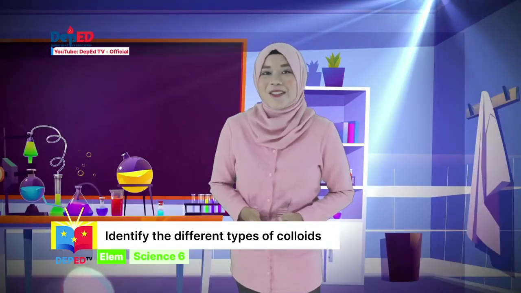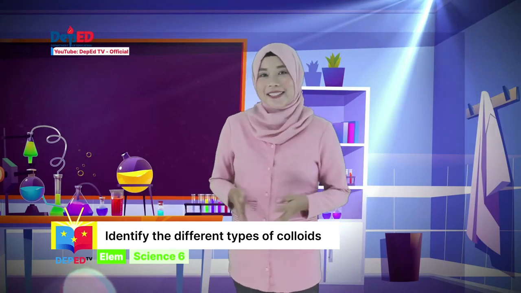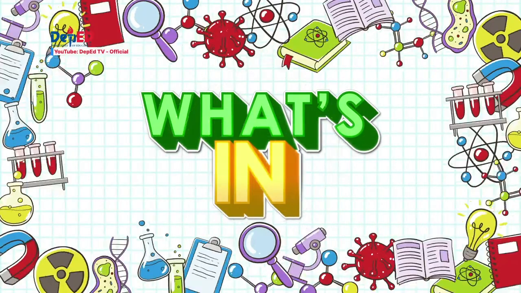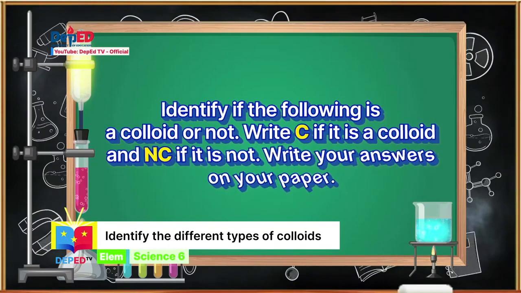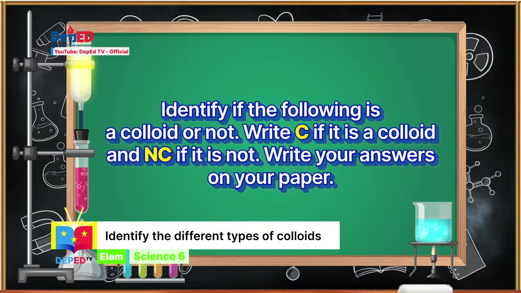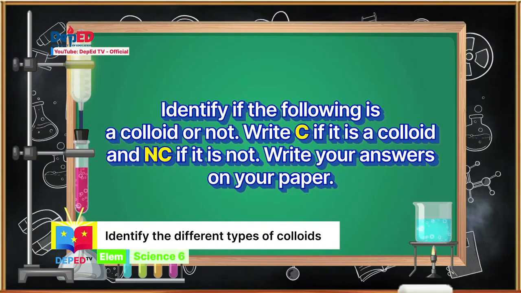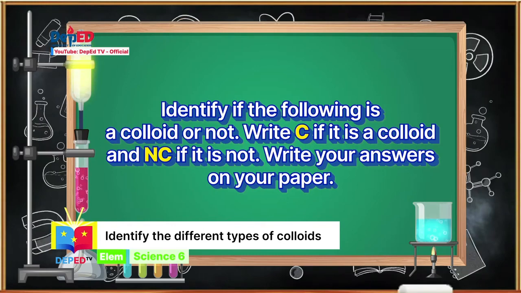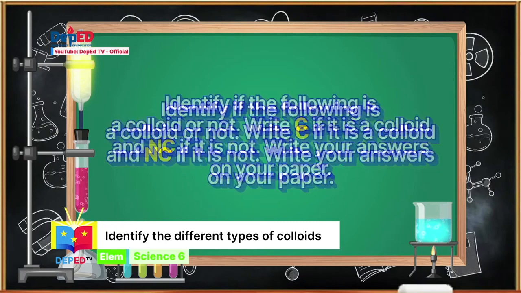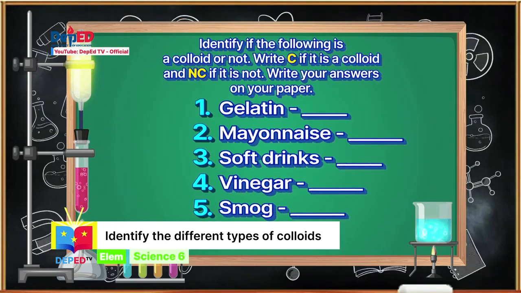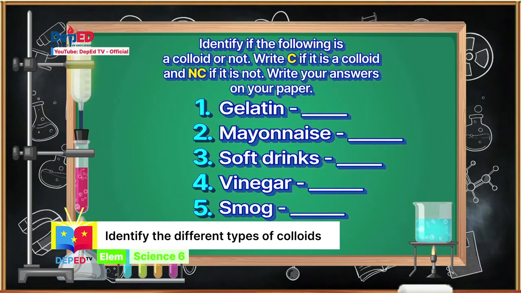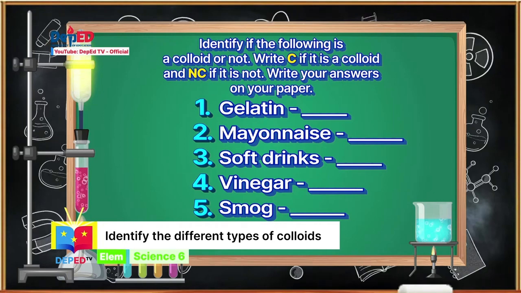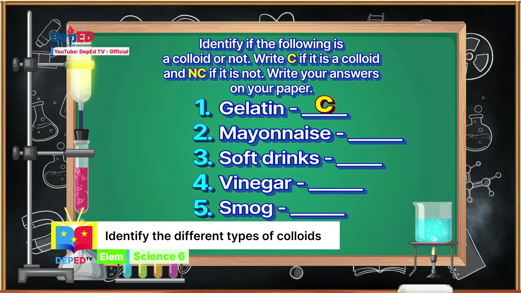Now, let's go to our What's In part. Identify if the following is a colloid or not. Write C if it is a colloid and NC if it is not. Write your answers on your paper. Number 1, gelatin. The correct answer is C, colloid.